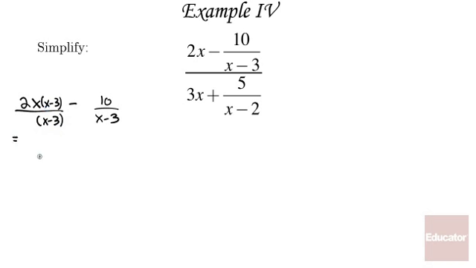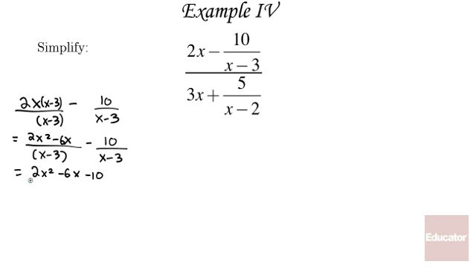This is going to give me 2x squared minus 6x over x minus 3 minus 10 over x minus 3, which is then going to come out to 2x squared minus 6x minus 10 over the common denominator of x minus 3.